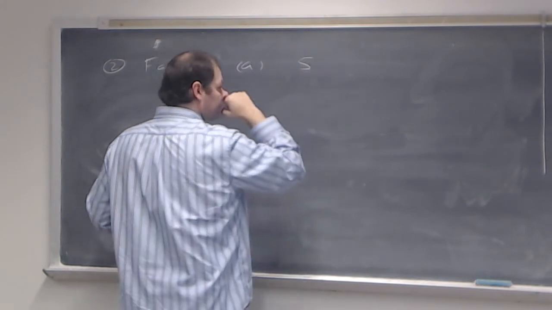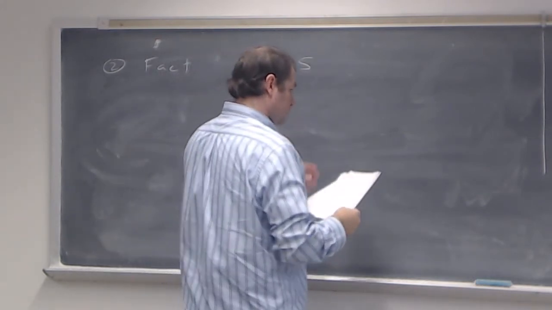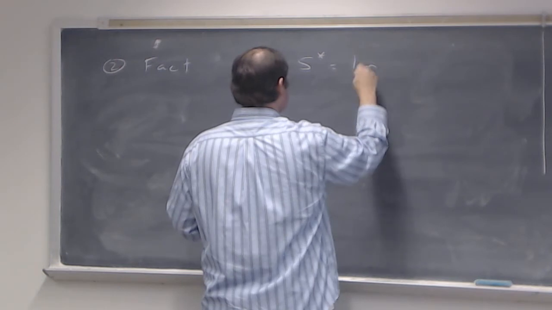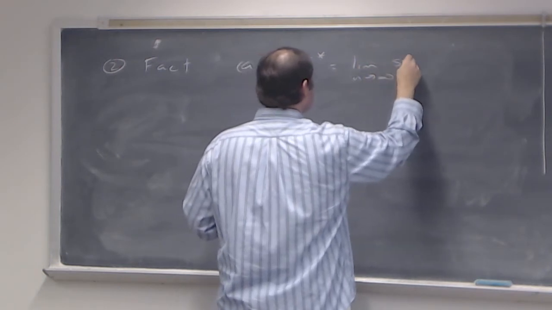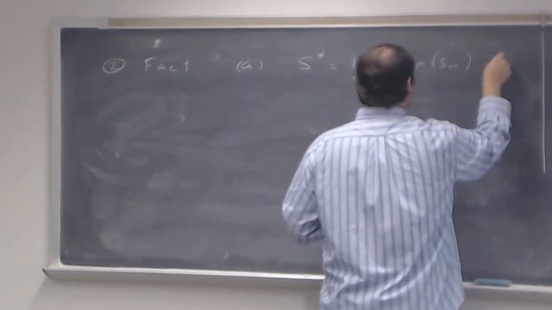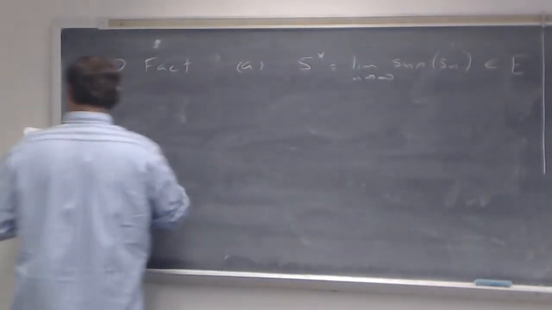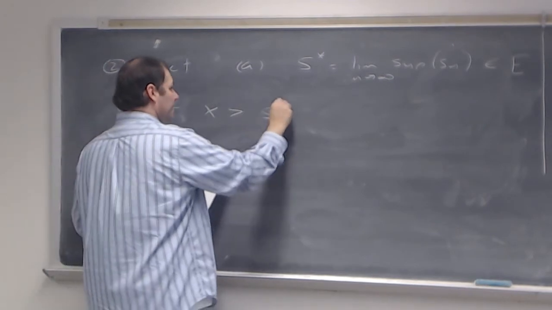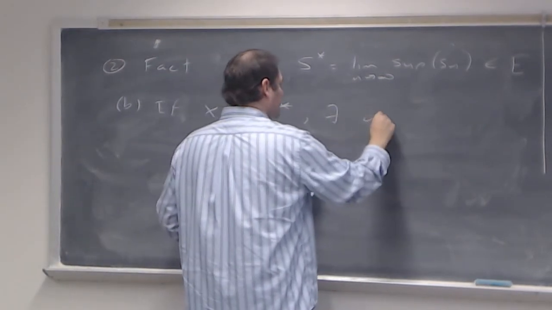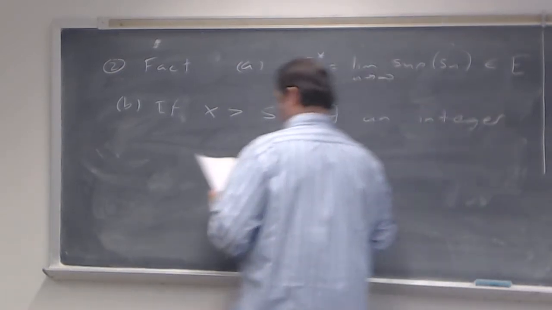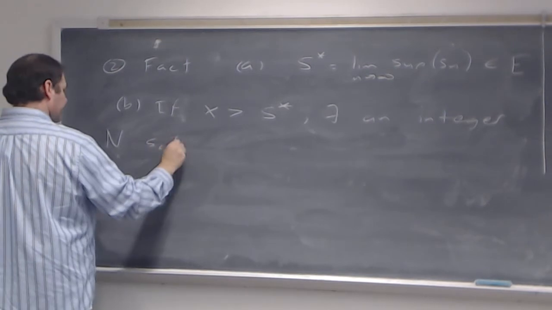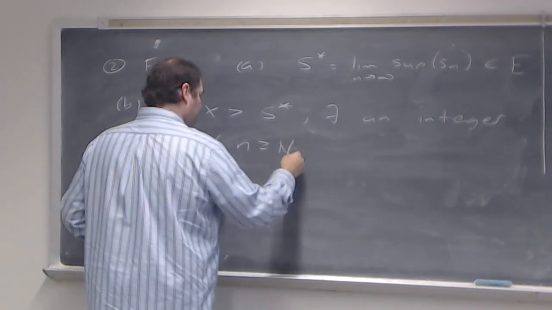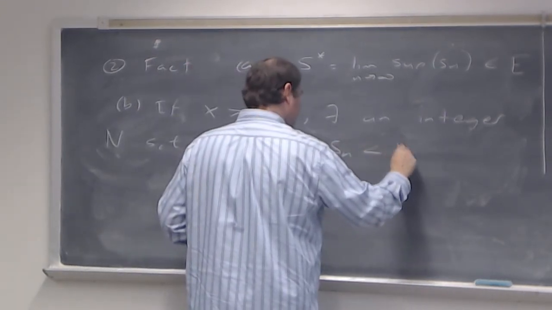Part A, that S star, which is equal to the lim sup of S sub n, is an element of this E. And part B says if x is greater than S star, there exists an integer big N such that for all n bigger than or equal to big N, S sub n will be less than x.